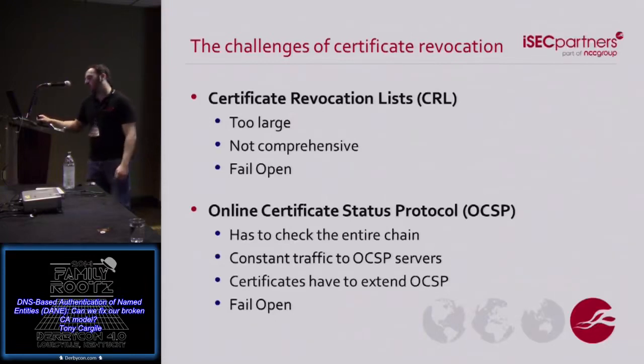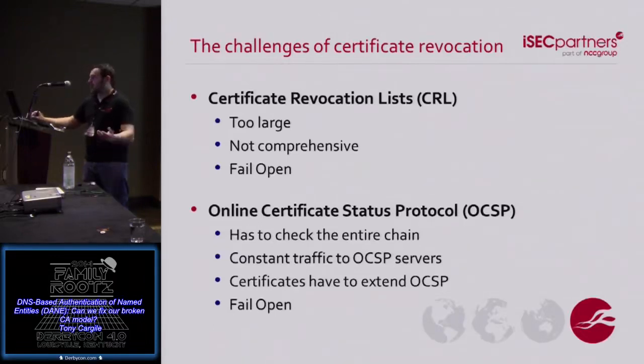And similarly, OCSP is more of an online way of, whenever a client receives a certificate, they're able to go on, make a request and see if the certificate has been revoked. But the problem is that it has to check every single certificate, and also it's all online, so no offline validation. And if you take down one of those OCSP servers, it's got to fail open. Otherwise, you just take down the internet, basically.